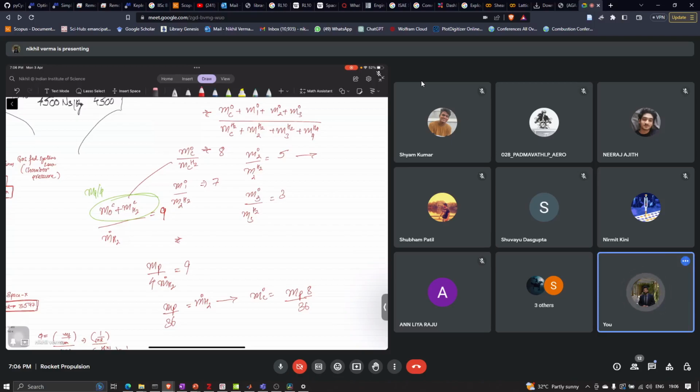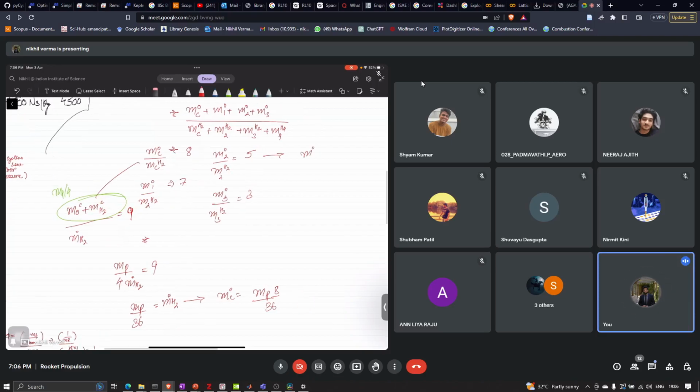Similarly, we can calculate using this. We can add 1, this is 2 plus hydrogen, this is 6 divided by the mass of the hydrogen. So this term is again equal to the mass of the propellant divided by 4. Hydrogen we can calculate, this is mp by 4 into 6.